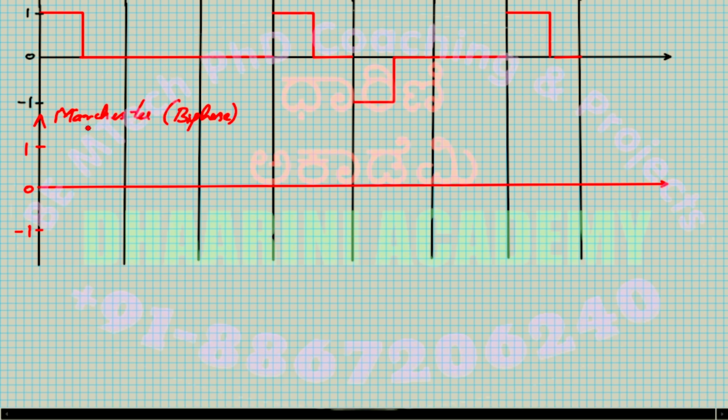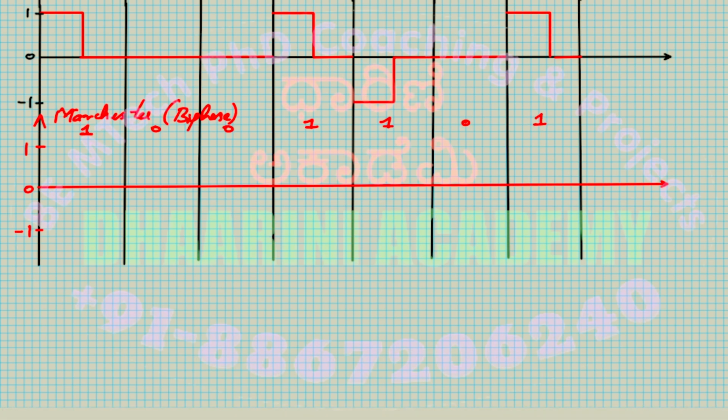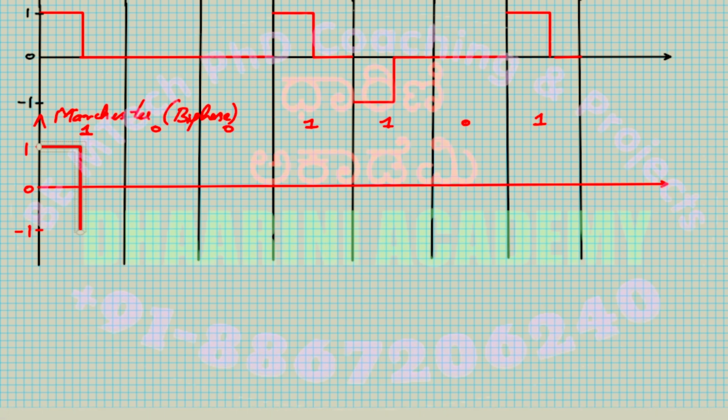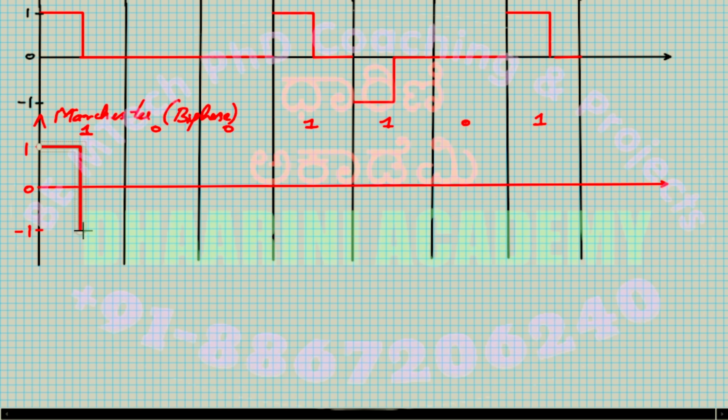This is the logic. So anyway, I'll write this once again: 1 0 0 1 1 0 1. So you see here, for sending 1, you send +1 for the half of the duration as the requirement, and the remaining half should be the -1. So I sent 1 till here, so I have to send the remaining half as the -1.